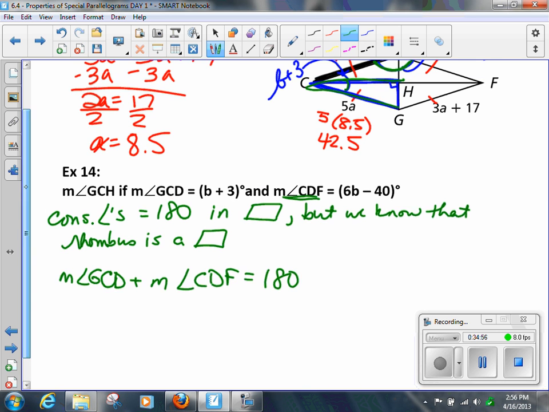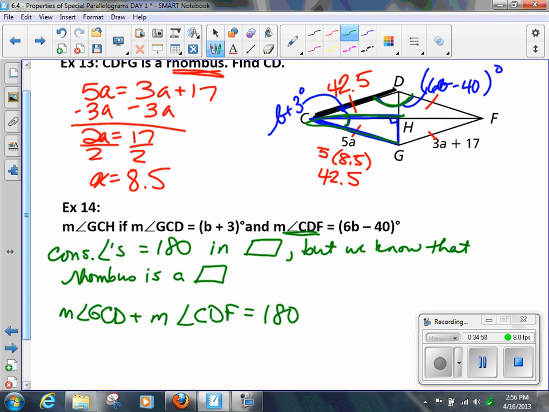Not the picture itself, but kind of step back and think big picture. These two angles, this one right here, Cody, and this one right here, they said they're consecutive angles. Do you agree with that? How do we know they're consecutive? There's one right after the other, right? We know in a parallelogram that consecutive angles are equal to what?